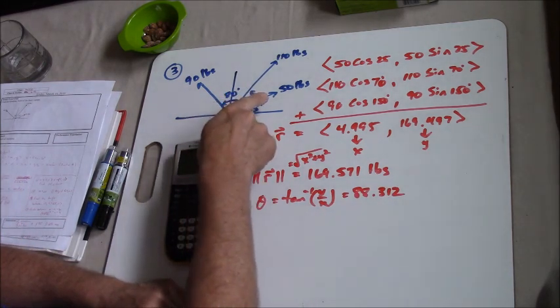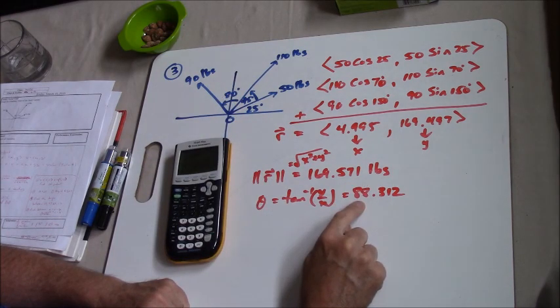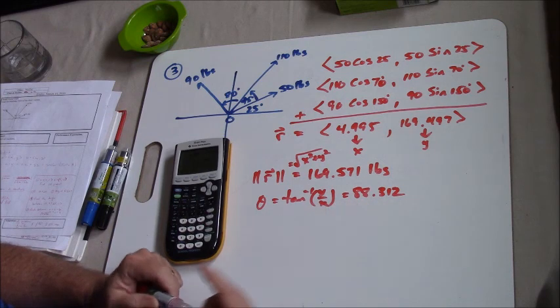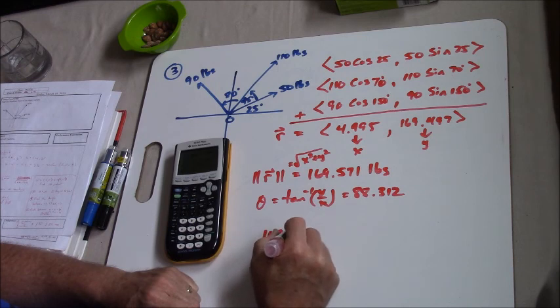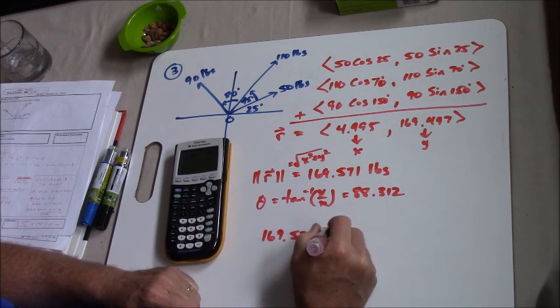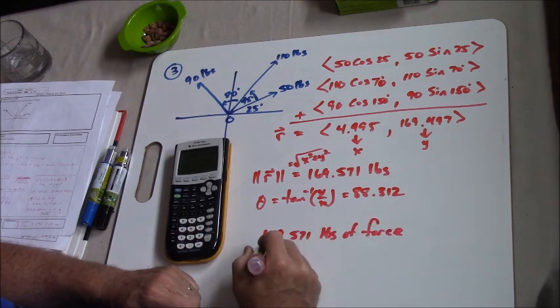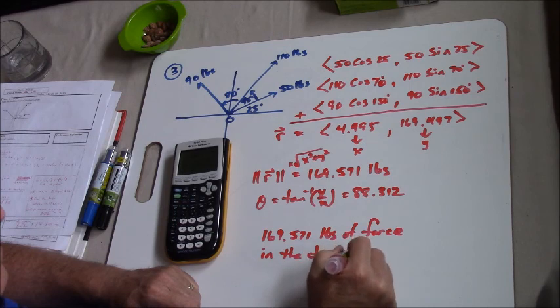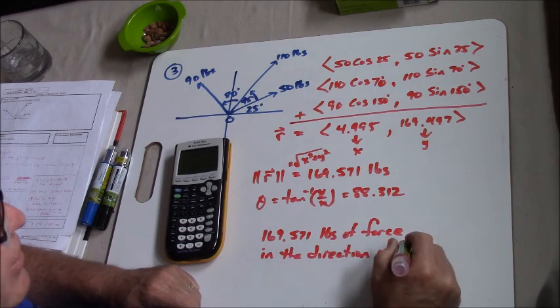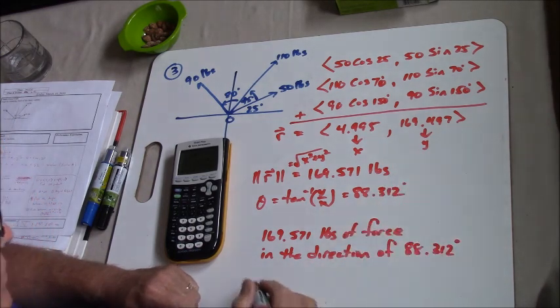Since this isn't an airplane or a ship, I can just say that the direction is this angle, and I know it's from the positive x-axis. So my final answer is 169.571 pounds of force in the direction of 88.312 degrees.